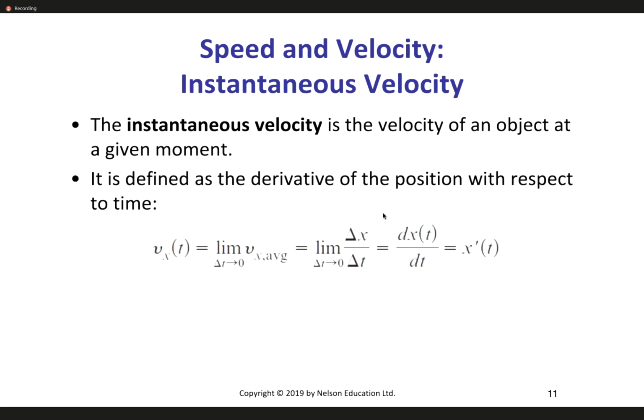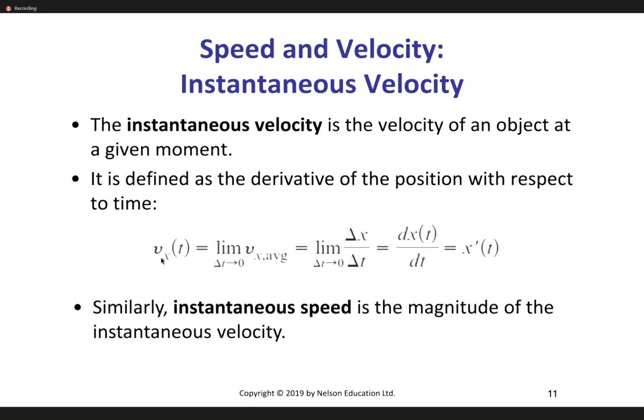That's where you look at the velocity only at a single instant in time. This is why you need to care about calculus in physics, because the way that you obtain the instantaneous velocity is by taking the derivative of the position. So the first derivative of the position is equal to the instantaneous velocity.